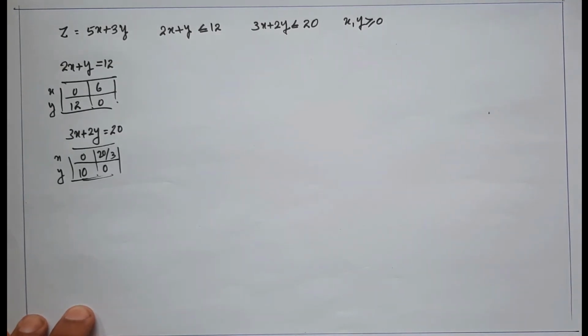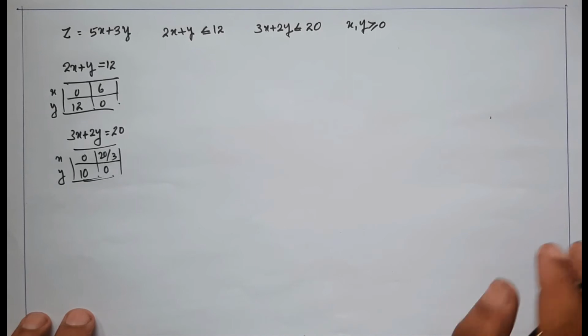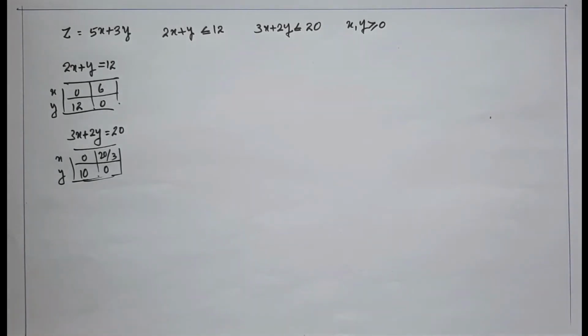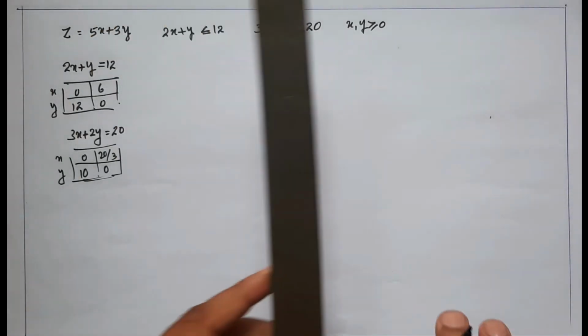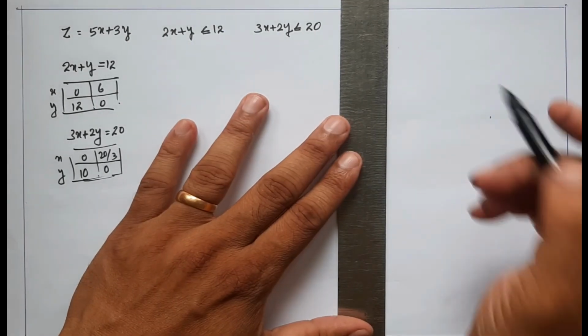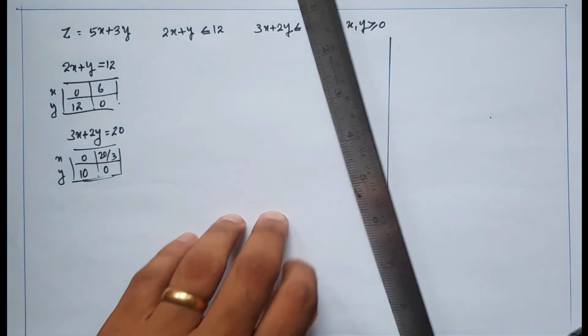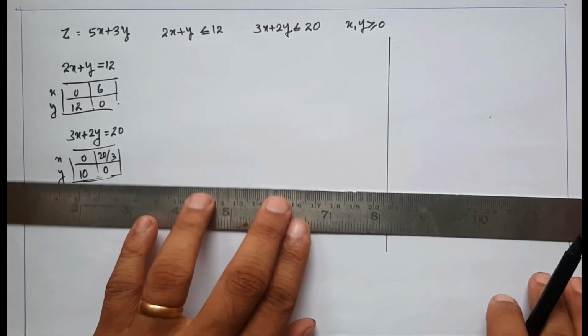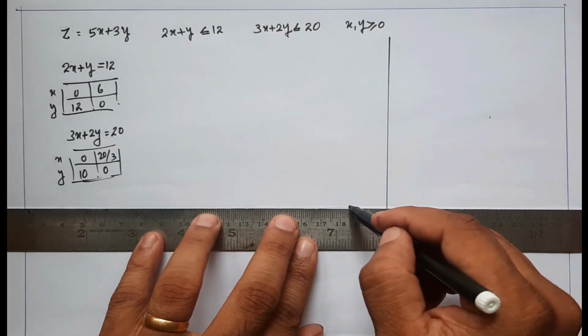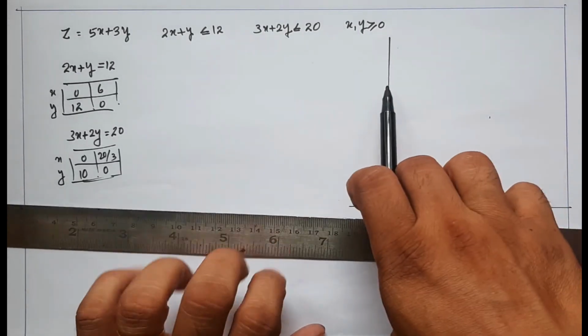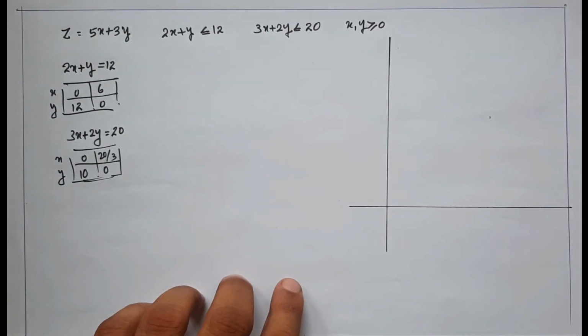Okay, now we plot the graph. Our maximum value is 12.